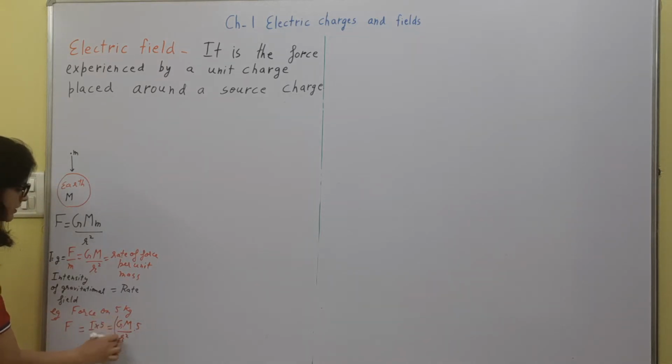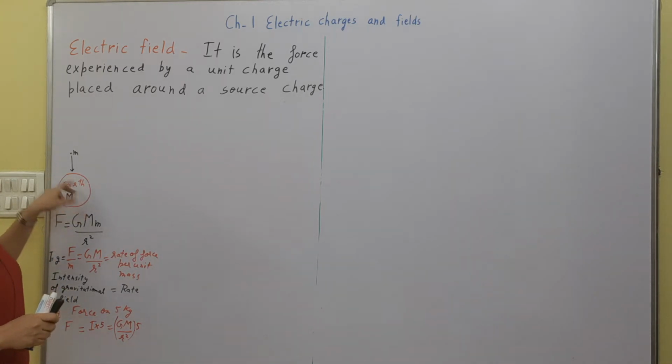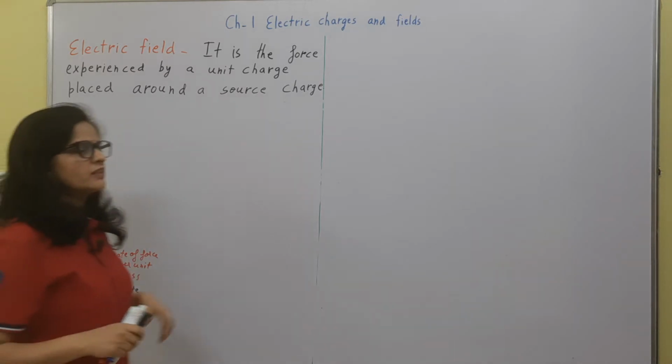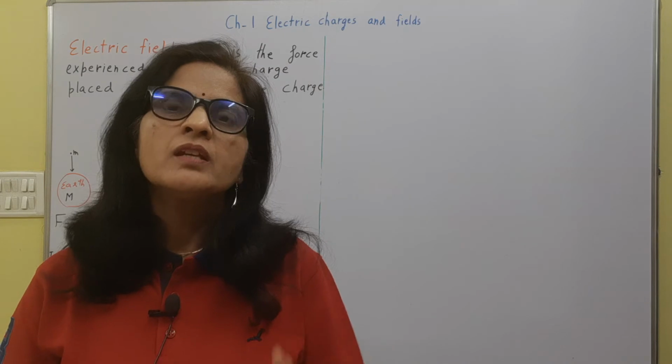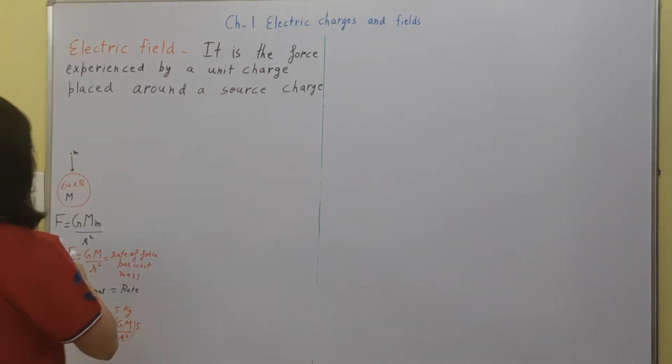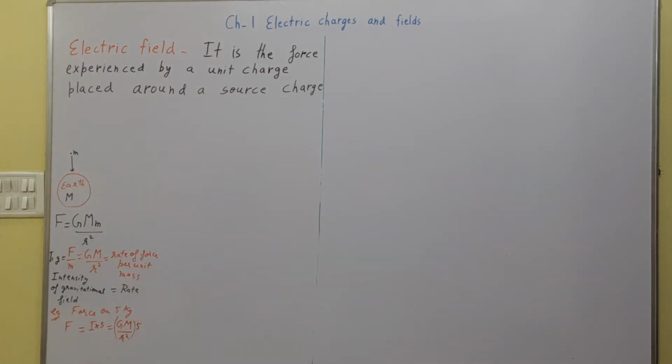So this is 5 times the intensity. Similarly, if this object is falling towards earth, then we know that there is a gravitational force which is exerted by the earth on this mass. Similarly, if we have a charge, this was just for understanding, I'll rub it later.